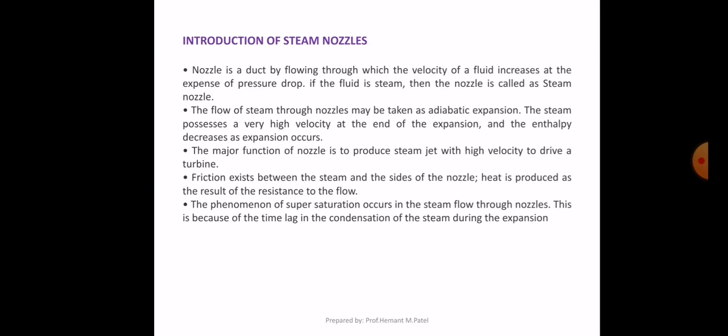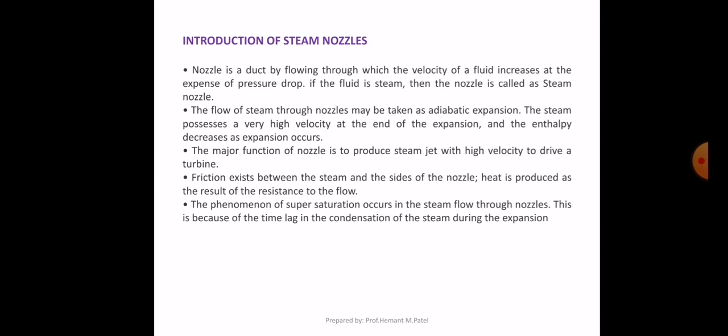So very high velocity steam we are getting at the end of the expansion, and enthalpy will be decreased. The major function of a nozzle is to produce a steam jet with high velocity to drive a turbine. Generally we are introducing this nozzle for getting high velocity, and through the high velocity we can rotate the turbine.